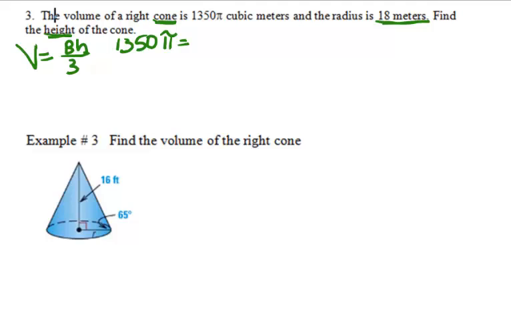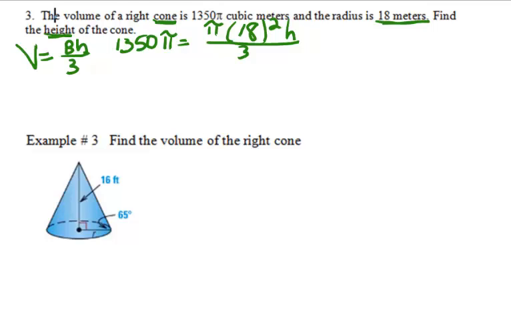It's 1350 pi equals my base, which in this case is a circle, pi r squared. So I'm going to get pi times my radius, which is 18, so 18 squared. And then we're looking for the height. Remember, it's the area of the base times the height divided by 3.